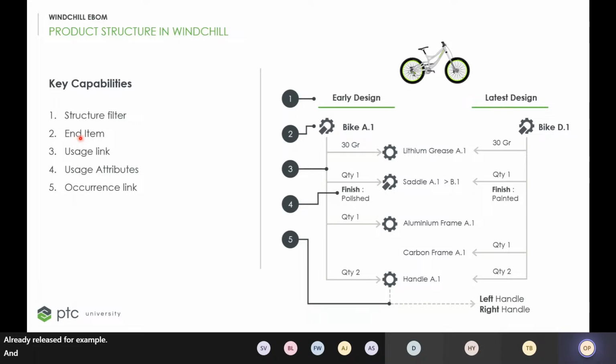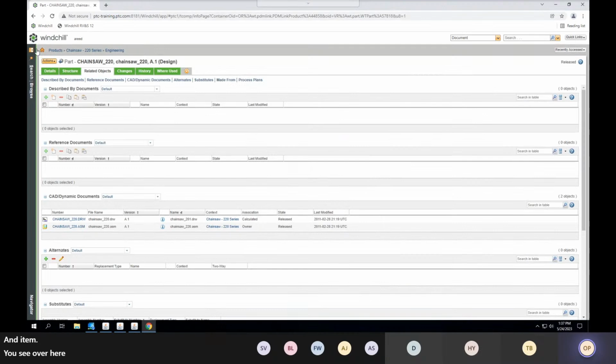End item. You see over here, the end item displays this blue square. It's a normal part with a blue square. It has no other functionalities than a normal part. But it's easier to review, to find this end item, and maybe to send, for example, to the client the final product represented by this symbol.